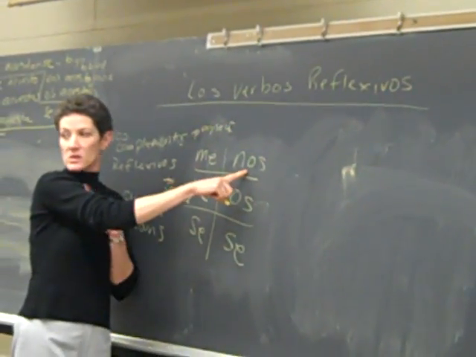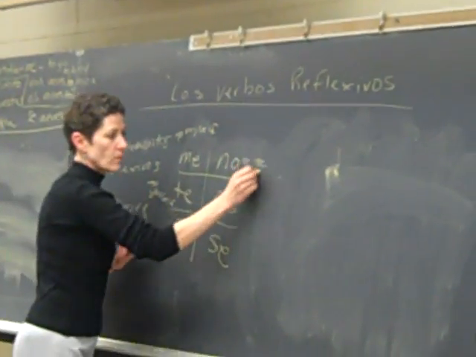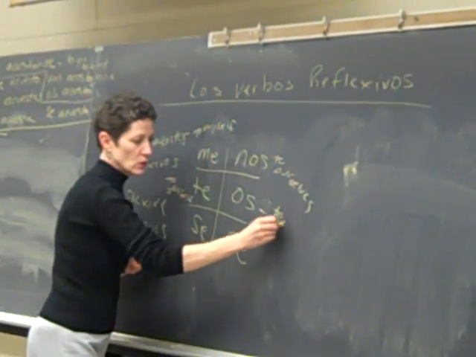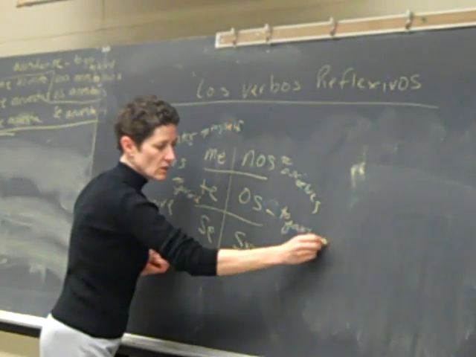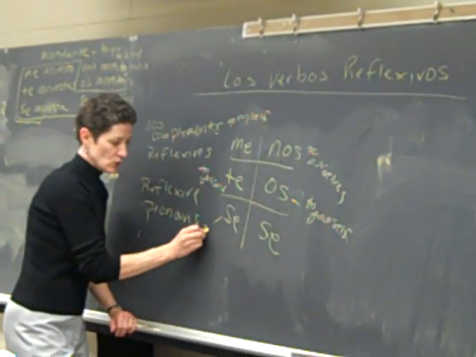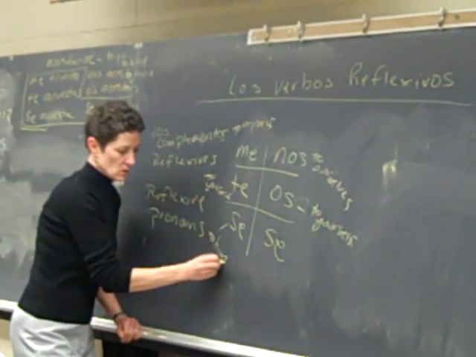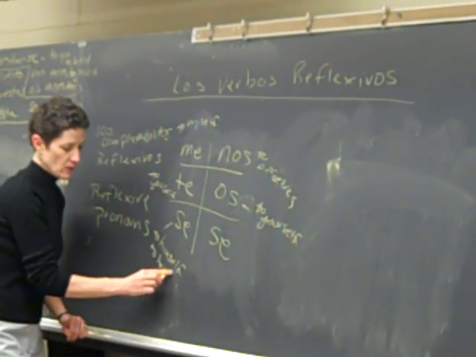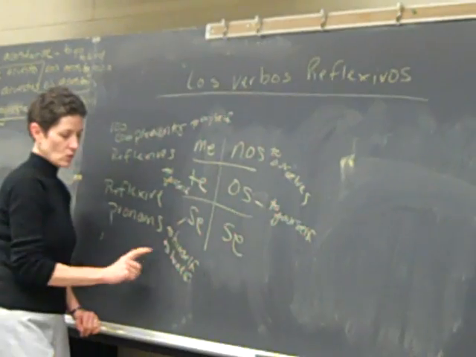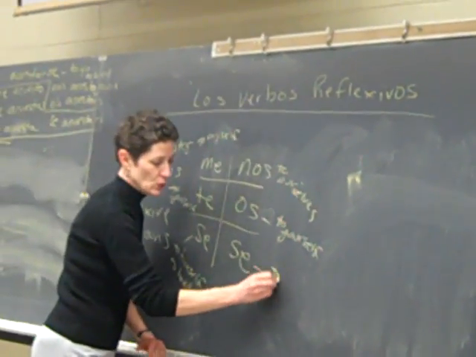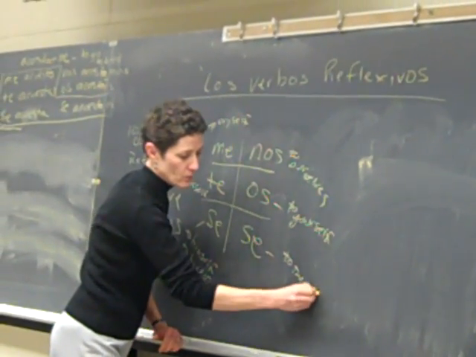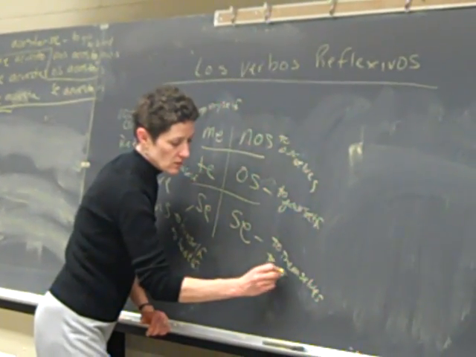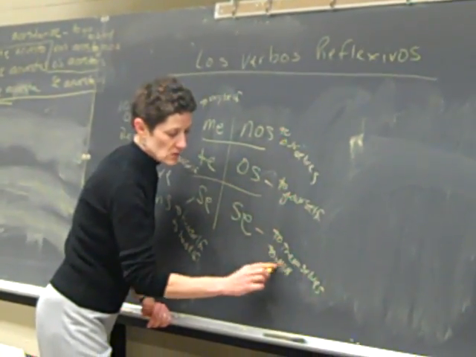This is to ourselves. This one is to yourselves, okay? So to him, self was this one, and to her self, or to yourself, and then this one's to themselves, or to yourselves if it's the ustedes.